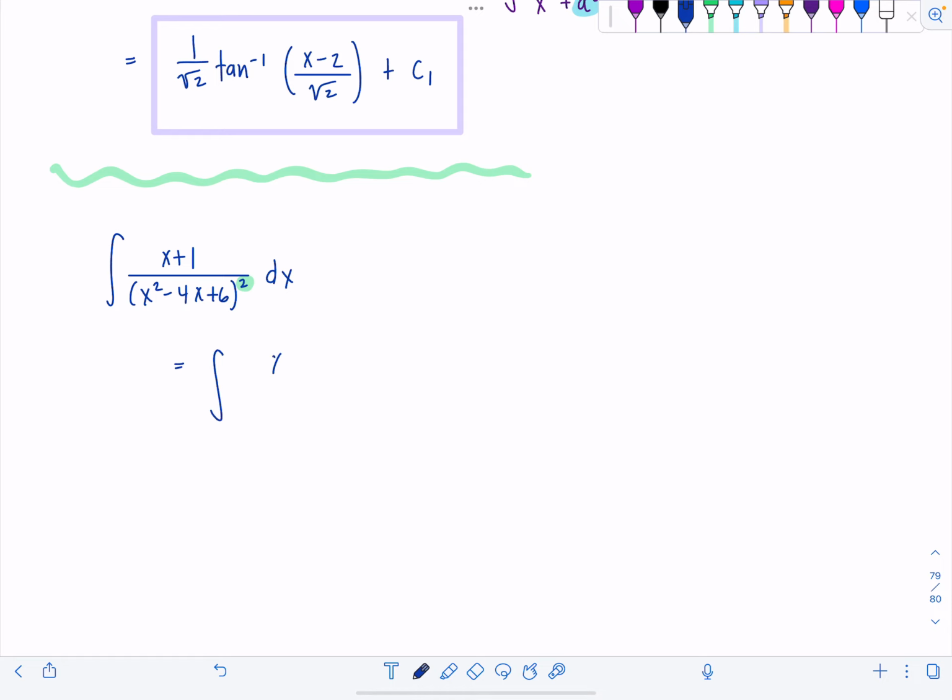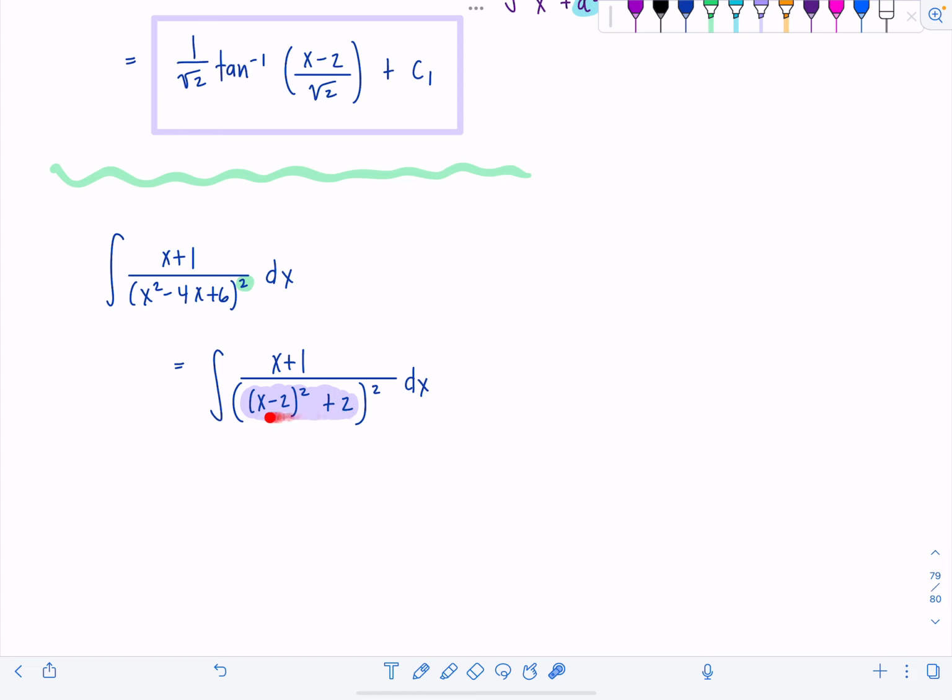So we've got x plus 1, and we already know the denominator can be broken up into (x minus 2) quantity squared plus 2. But then remember, all of this is squared, dx. Now, if you've gone back, I did something pretty similar in a previous integral of the day. I'm going to make a u substitution and let this entire quantity inside the parentheses, basically except for the squared part, be u.